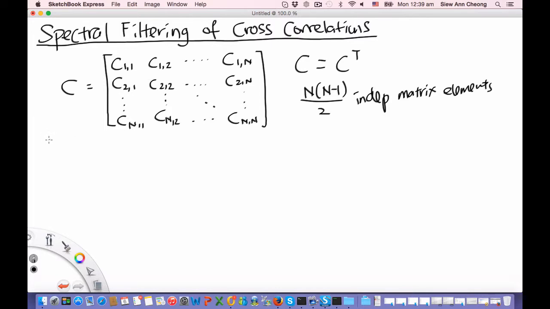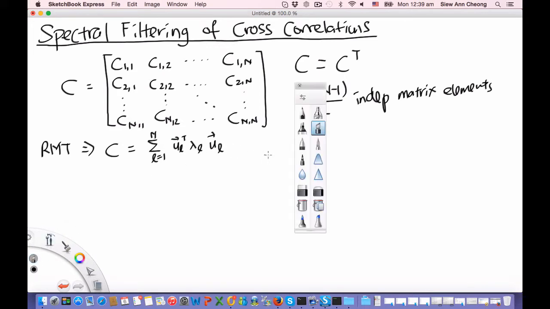correlations? If we go back to random matrix theory, we can make use of the diagonal form of the correlation matrix. This requires us to diagonalize the correlation matrix. It will be of this particular form: the sum over L going from 1 to n of U_L transpose, lambda_L, U_L.